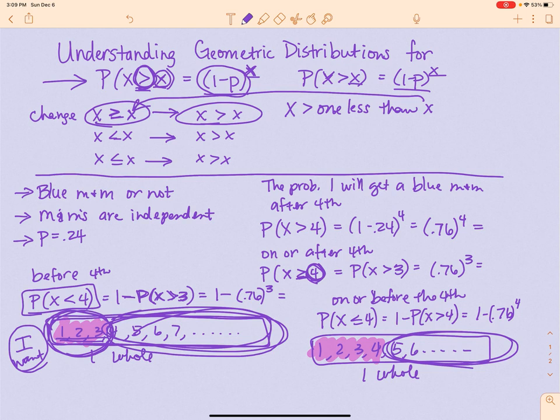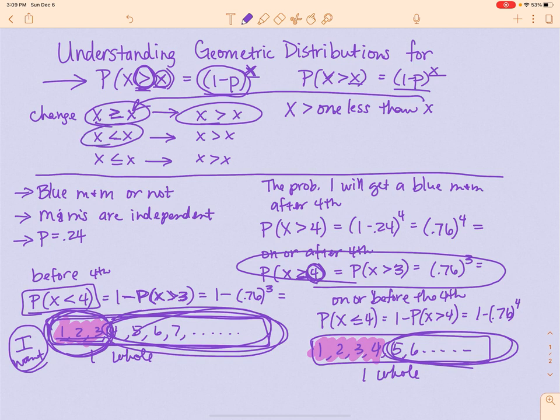Remember in this example right down here, for X greater than or equal to 4, in terms of greater than, it's the probability of X greater than 3. So X greater than 1 less than X.